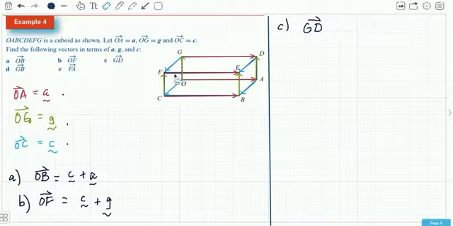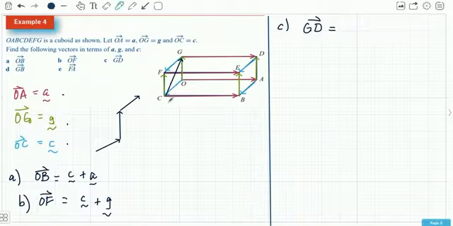Next one, C, is G to D. So again, we'll construct that one. C to G is there. This one's a little bit different because you can see now that one of these vectors is not aligned properly. Remember, to add vectors, they always have to be aligned head to tail to add them. So we're going to have to turn one of these vectors around, and it's that blue vector.